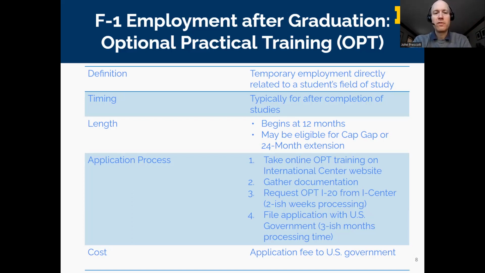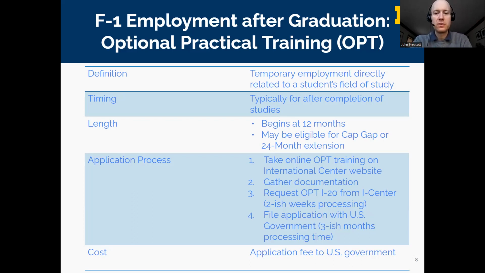In addition to the 12-month post-completion OPT, there are possible extensions for more OPT beyond 12 months. One is called CAP-GAP, and you'll hear more about the H-1B from Ugo.